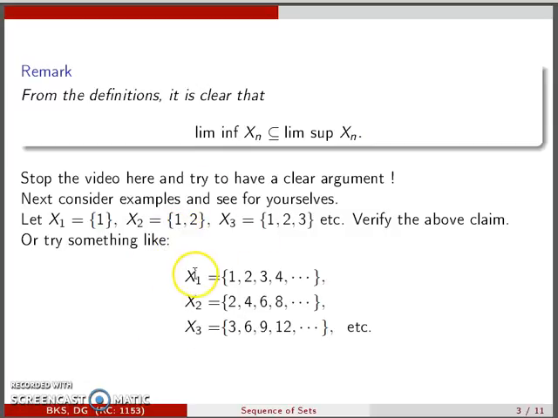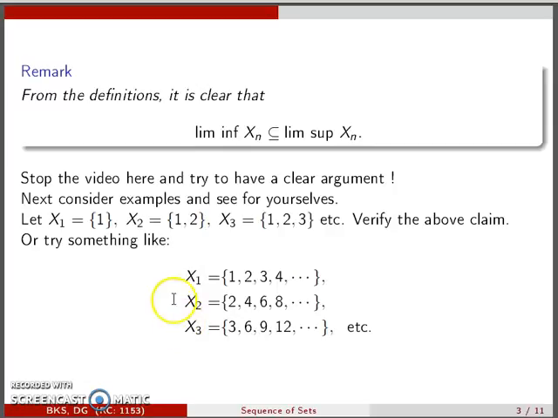we can think more rigorously by picking examples. I have given you some examples. You can have your own examples. For example, you can have x1 to be the set containing 1, x2 the set containing 1 and 2, x3 containing 1, 2 and 3 and so on. Then you can try to see what would be lim inf and lim sup in this case.